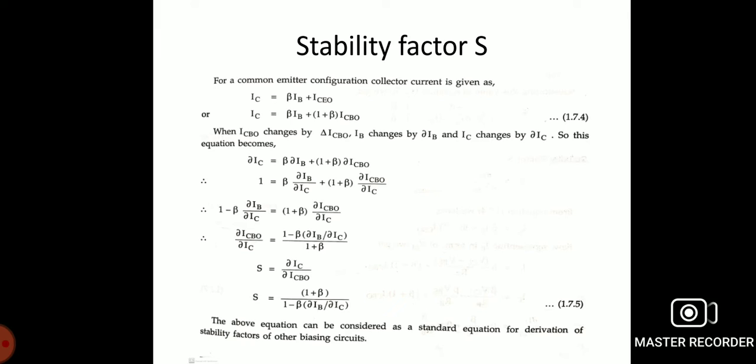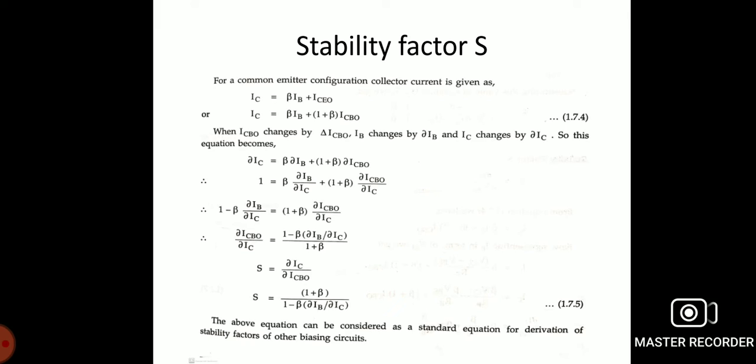So this equation becomes ∂IC equals beta times ∂IB plus (1 plus beta) ∂ICBO. Simplifying, 1 equals beta times the ratio ∂IB by ∂IC plus (1 plus beta) times ∂ICBO divided by ∂IC.